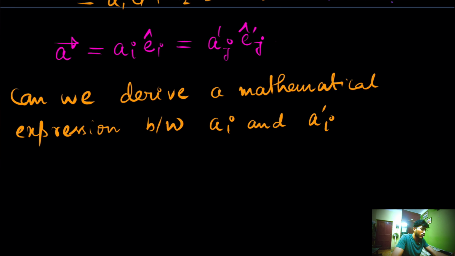Because I need to correlate between A1 and A1 dash, A2 and A2 dash, A3 and A3 dash. The x component of the green coordinate axis I have to correlate with the x component of the purple coordinate axis, not with the y component or the z component. The moment I change this i to j, it is a different free index. That is why it is ai dash, not aj dash.